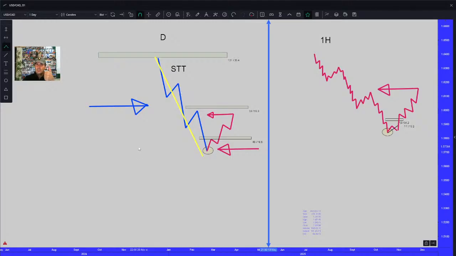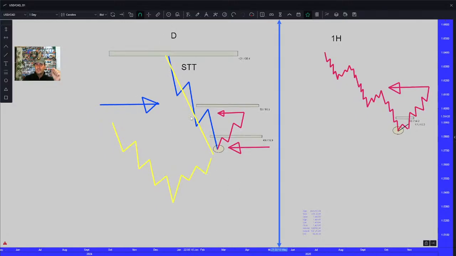The blue was the short-term trend, the yellow is the market wave. So this market wave, making lower lows, lower highs on the short-term trend, it must retrace too. Does this make sense? If you lose once, it's not a big deal, but if you lose 2 times, 3 times... It takes some time, alright?